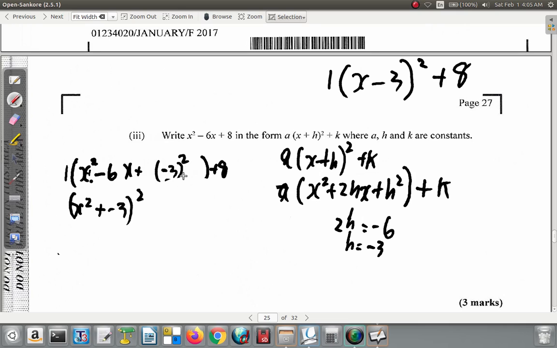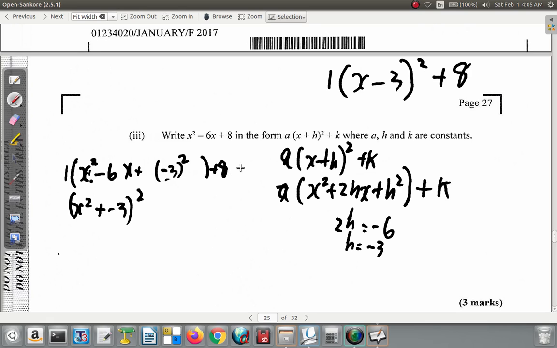The negative 3 squared is something new. What I need to do is subtract it back, compensate by taking it away. But I already fixed up what is in the bracket the way I want it, so I can't take it away inside the bracket. I go outside the bracket to take it away.